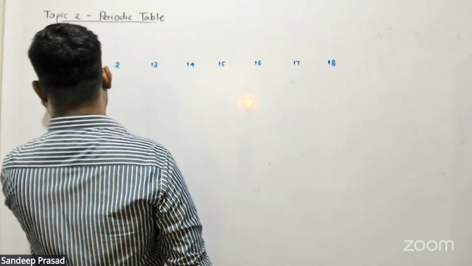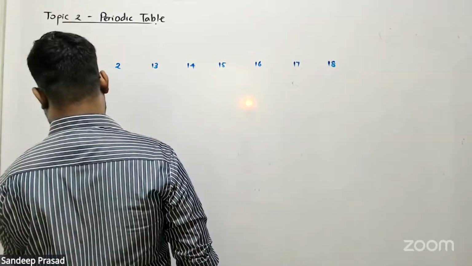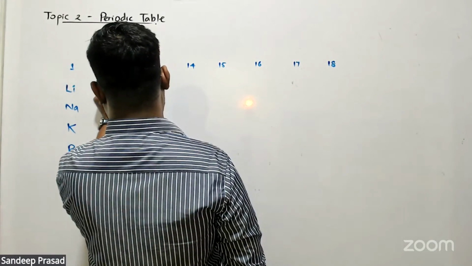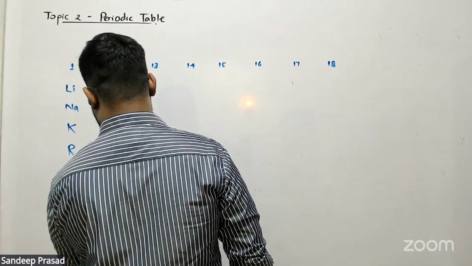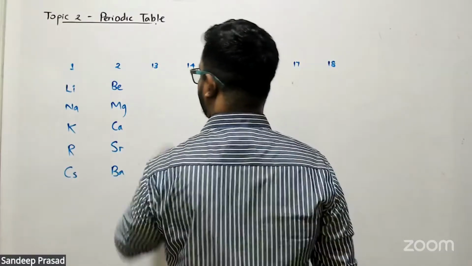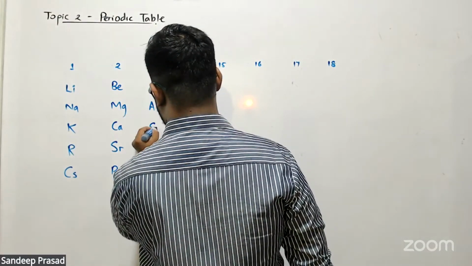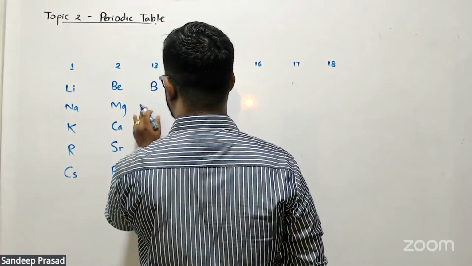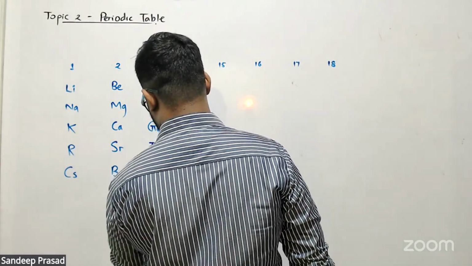So we can consider lithium, sodium, potassium, rubidium, cesium. And here we have beryllium, magnesium, calcium, strontium, barium. Group number 13, boron, aluminium, gallium, indium, thallium.